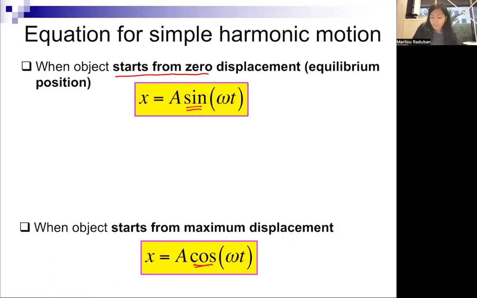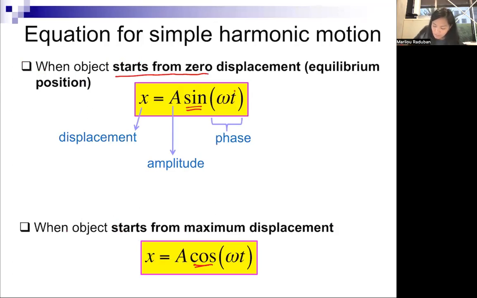Okay. But let's just define what the variables are in this equation. So x refers to the displacement of the object, where the object is during its oscillation. A is the amplitude, we've seen that already, and omega times time is the frequency.